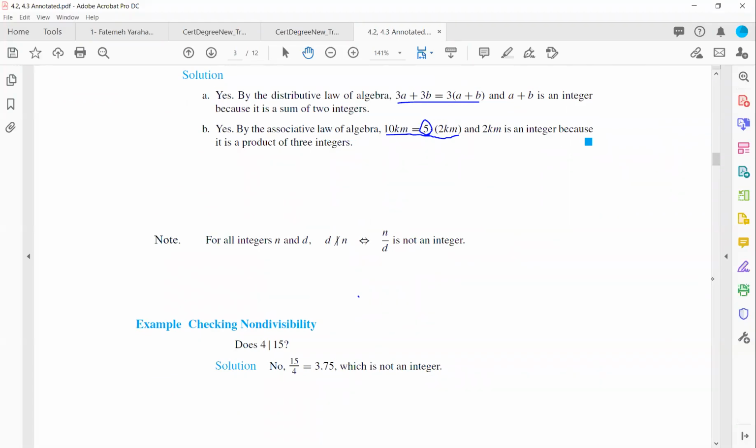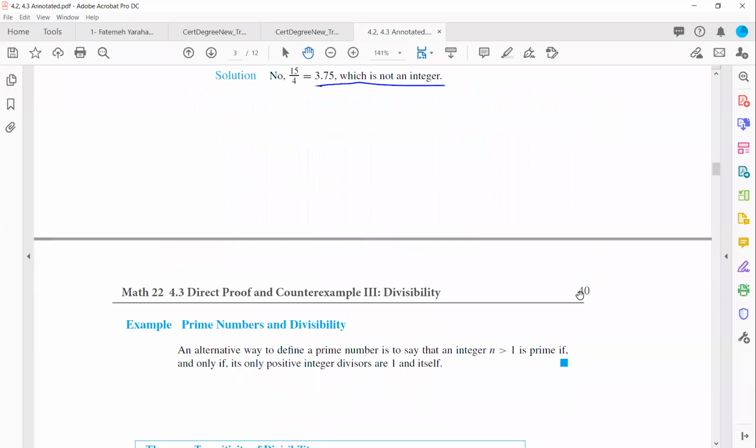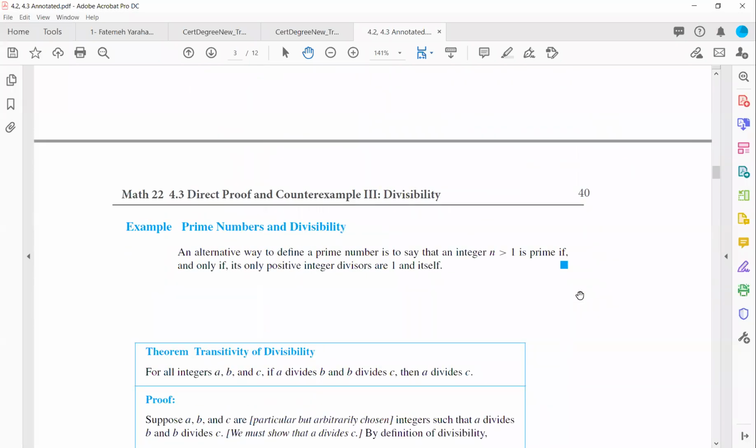Of course not. 15 divided by 4 is not an integer. So 4 is not a factor of 15. Prime numbers and divisibility. An alternative way to define a prime number is to say that an integer like n, which is greater than 1, is prime if and only if its only positive integer divisors are 1 and itself.